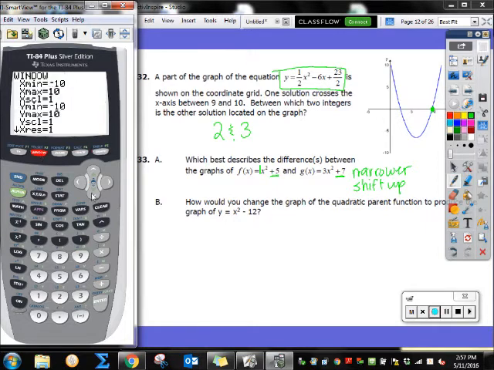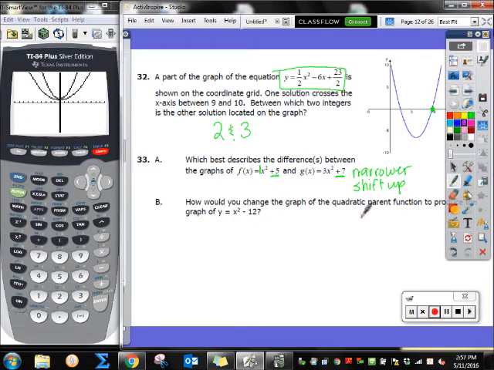Now keep in mind, you could always change your y minimum and y maximum so that you could see more. So if we graph, there's the first one, there's the second one, so you can tell them if you know to change those things.